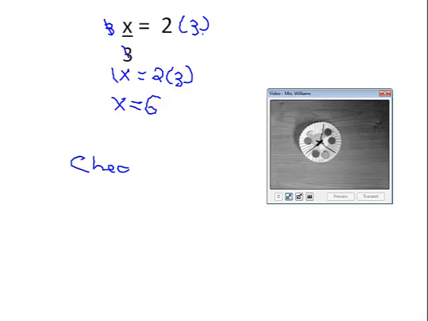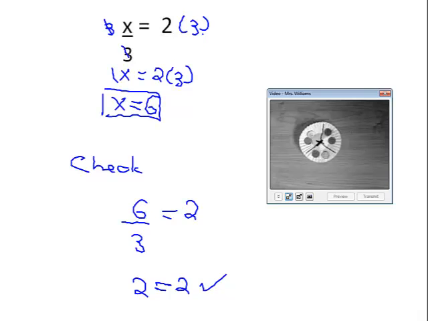Of course, we do our check again, and we substitute in. So we're saying 6, we substitute in for x, divided by 3 is equal to 2. Or 6 divided by 3 is 2 is equal to 2, which is a true statement. Therefore, x equals 6 must be the correct answer.